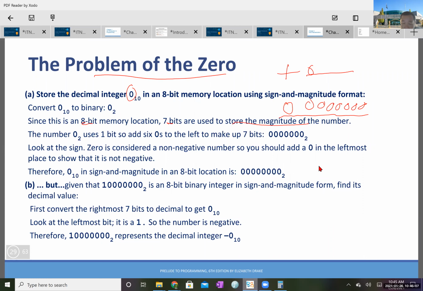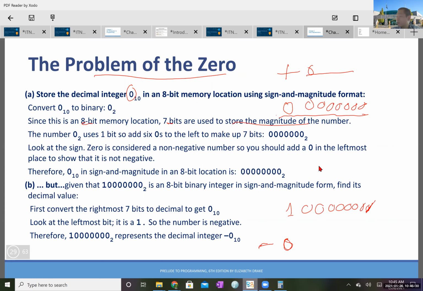So what happens if I had -0 here? If I had -0, you see the first one is the sign, the negative, that means you have number 1 here. And you have magnitude 0, that's why you have all of them 0 here, right? So we see in order to represent number 0, you have 2 ways to represent it: all of them 0, or 1 and then 0s.